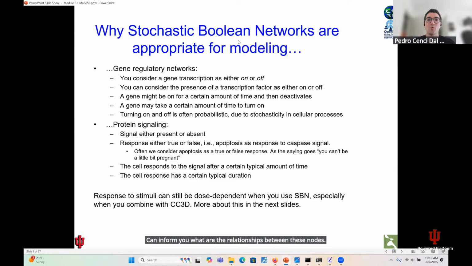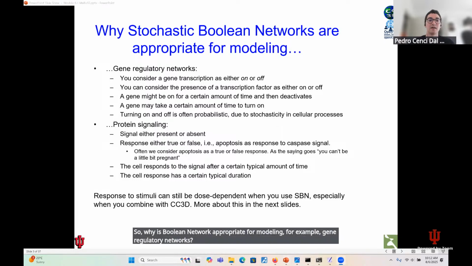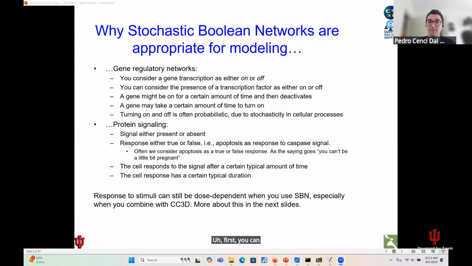So, why is Boolean network appropriate for modeling, for example, gene regulatory networks? First, you can consider a gene transcription as either on or off. Of course, this is a simplification, but it's often a valid simplification.